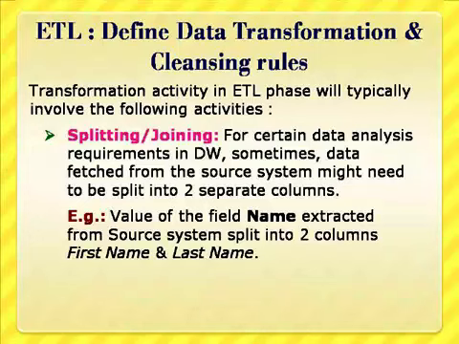An example for this scenario is a value of the field name extracted from source system will be split into two columns, resulting in first name and last name. Such splittings are based on the business requirements and are quite often seen in ETL process.